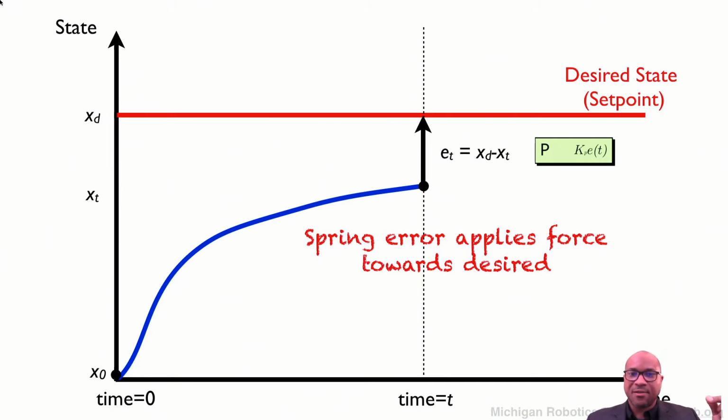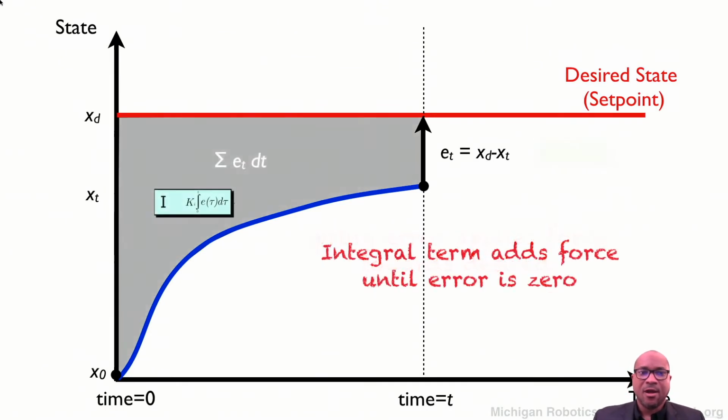The proportional term represents this error as a displacement of the current state towards the desired state. You can almost consider a spring that's bringing them together, and we weight that by some spring stiffness, as we'll talk about more. Our integral term is the response to errors that have occurred in the past.